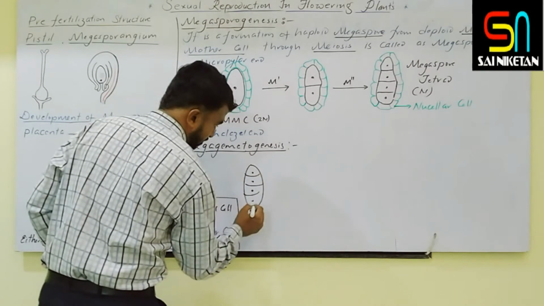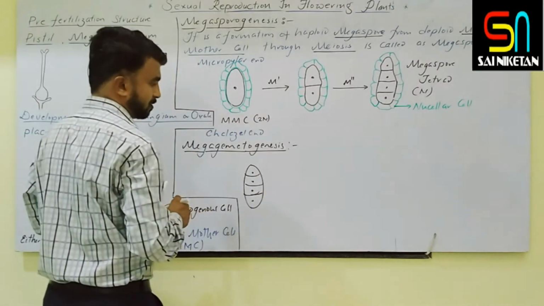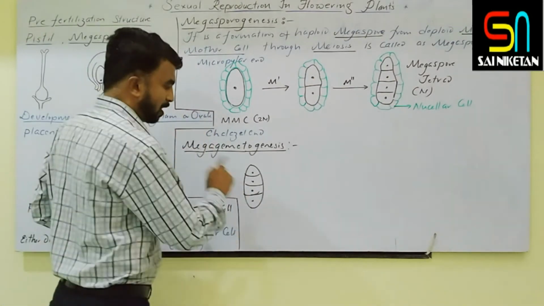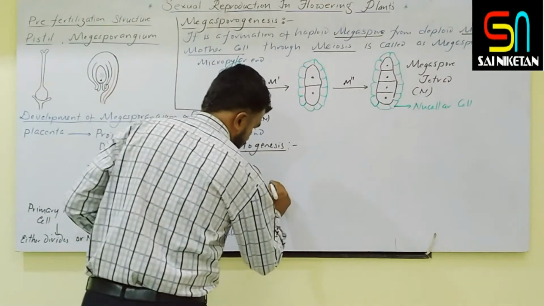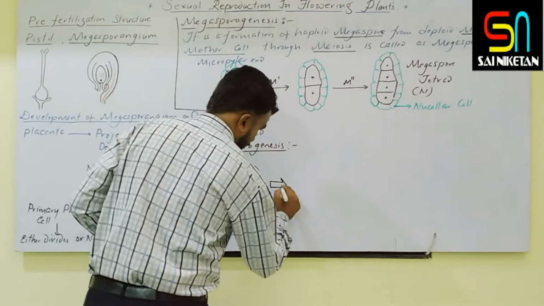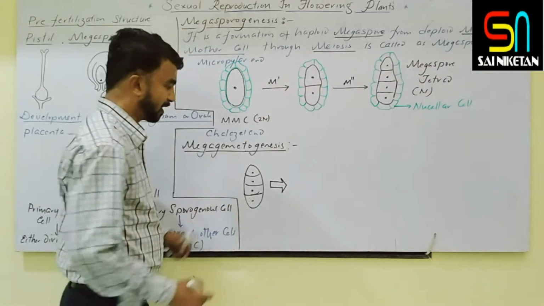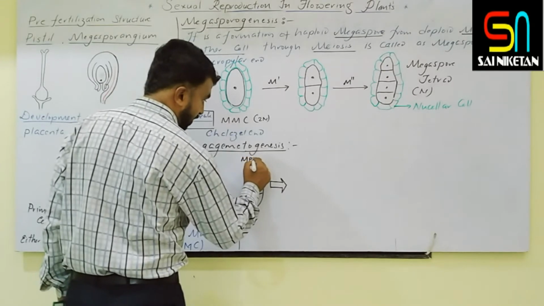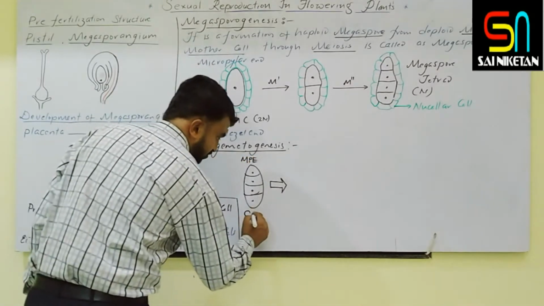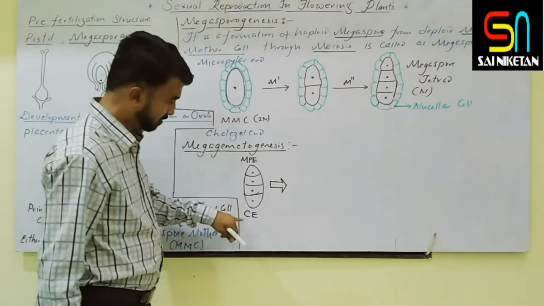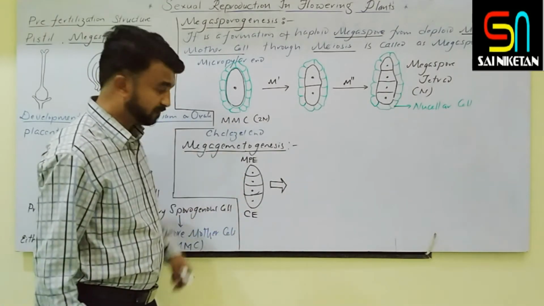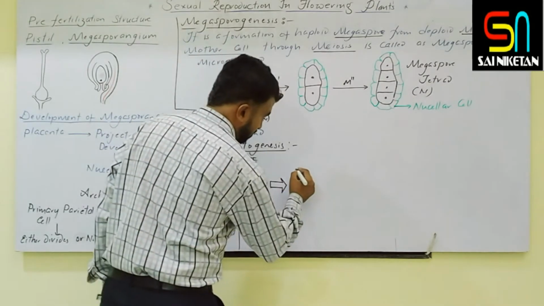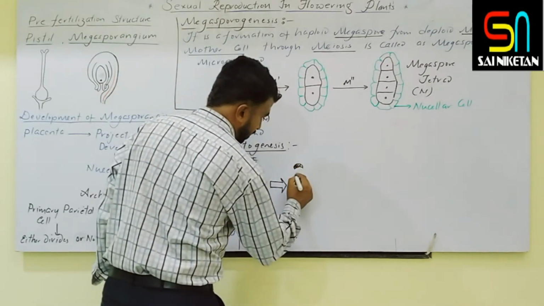4 megaspores are there, and now I will not draw this nucellus cell, only the megaspore tetrad. Out of these 4 megaspores, the 3 megaspores which are present toward the micropylar end degenerate. This is the micropylar end, this is the chalazal end.